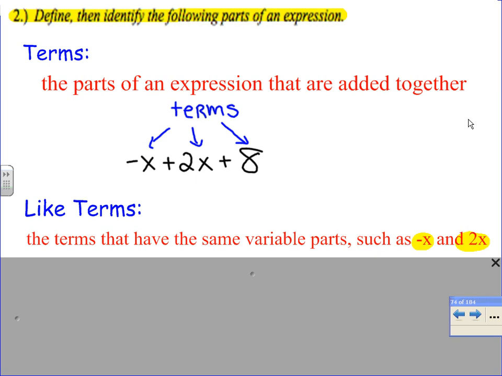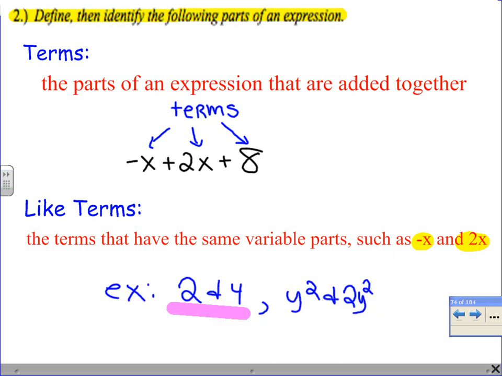Is 2x negative? No, that's positive. If it was negative, there'd be a negative sign in front of it. Okay. Justin, what's another example? Good. A and 3a. Doug, what's another example? Good. B and B.